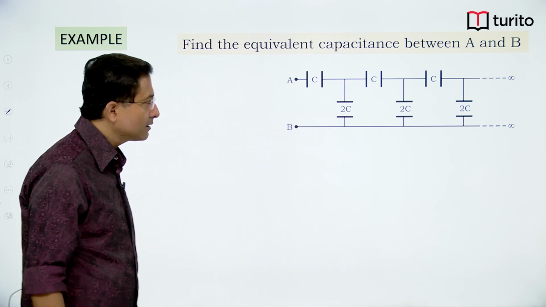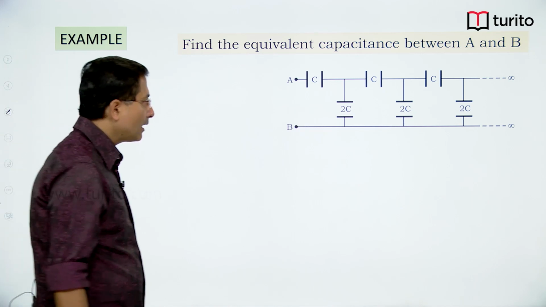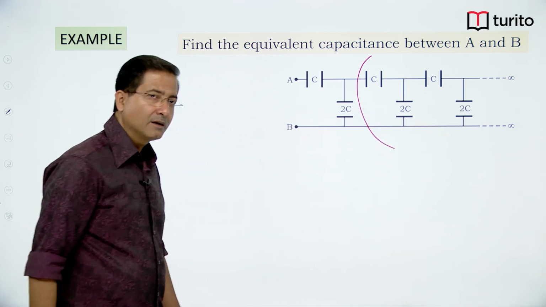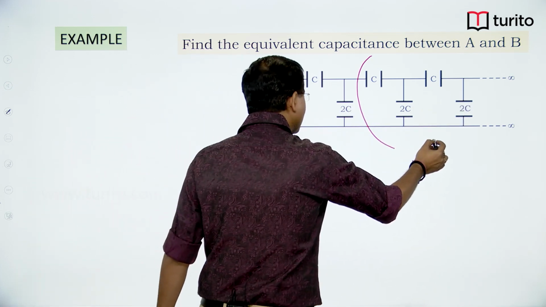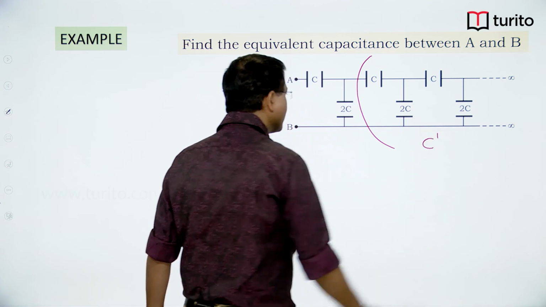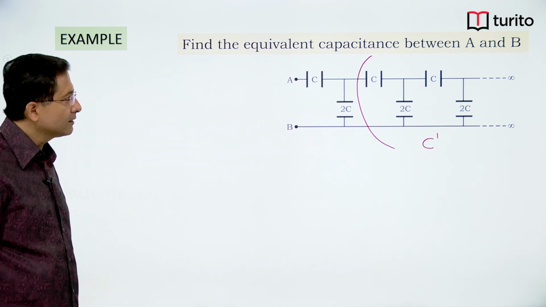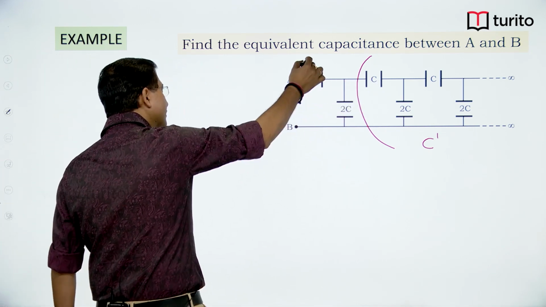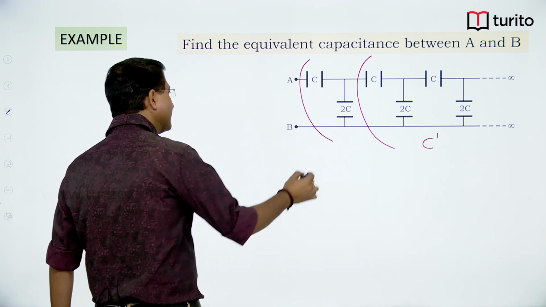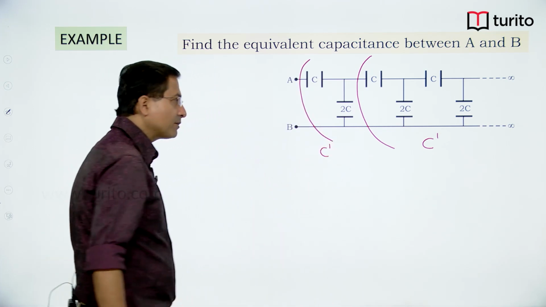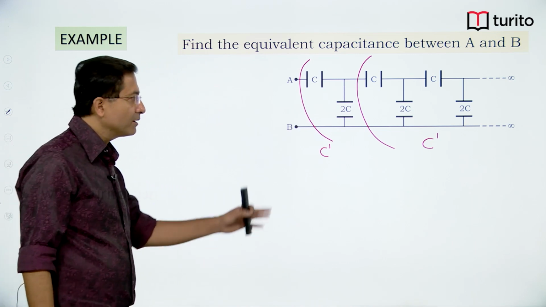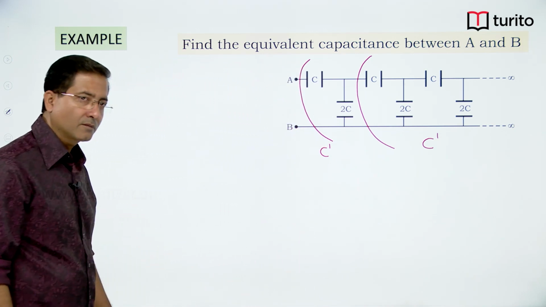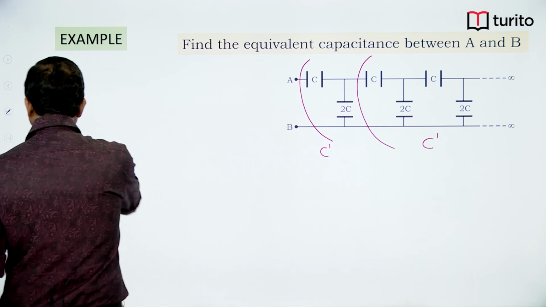The same logic we can use here, that up to here if I assume the capacitance of this arrangement is something C dash or C equivalent, right. So, just adding one more unit into the circuit does not make any difference in the capacitance. So, capacitance will remain almost C. This is the logic we will use. So, let us see how to write it.